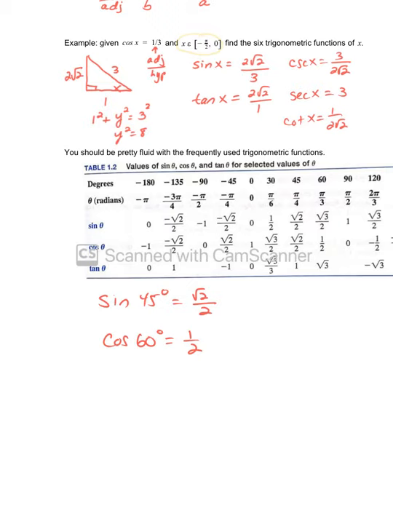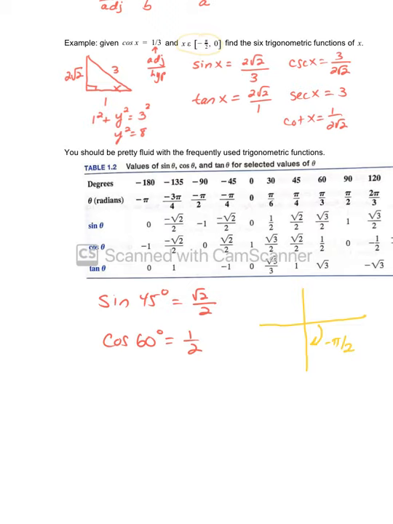Remember that when you're drawing angles, negative pi over 2 would be referring to going in this direction, pi over 2, which is 90 degrees. So if they're asking you to go between negative pi over 2 and 0, they're asking for the fourth quadrant.